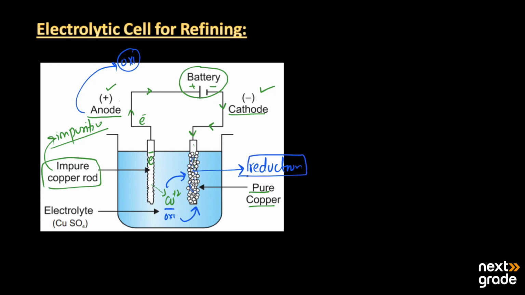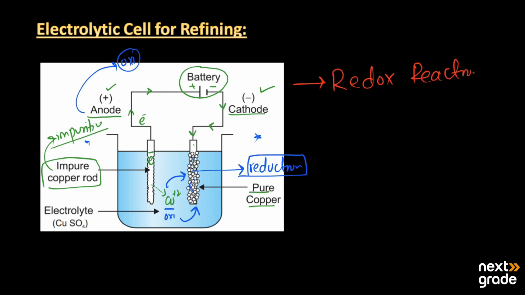So this was a simple process of the electrolytic cell that can be used for the refining of copper, in which oxidation and reduction take place at the same time. So overall the type of reaction happening here is the redox reaction.